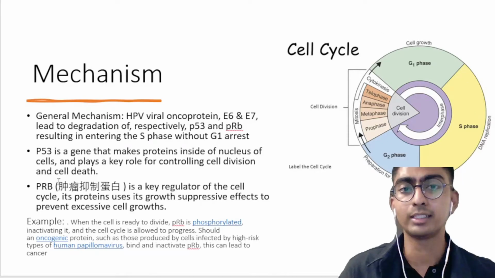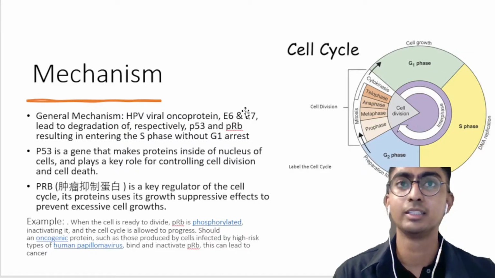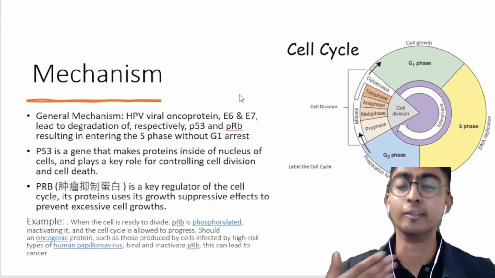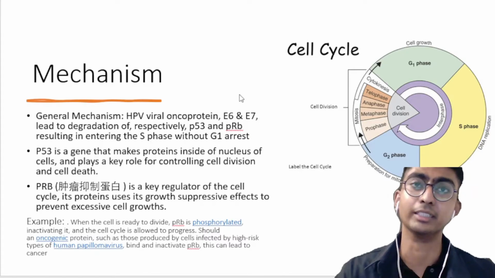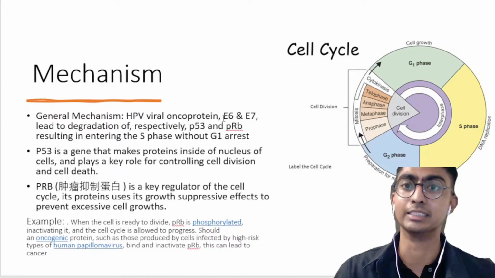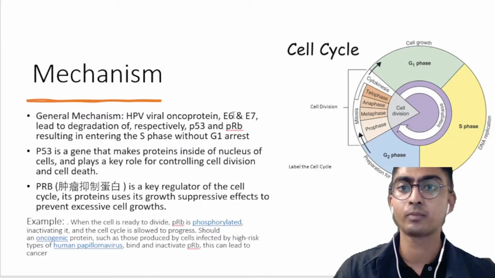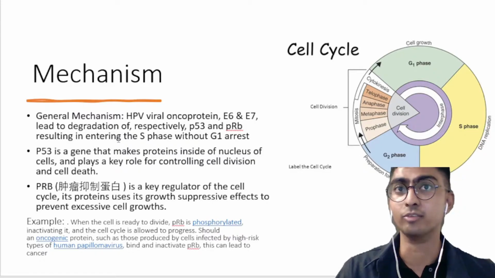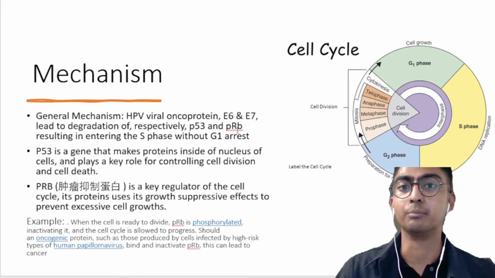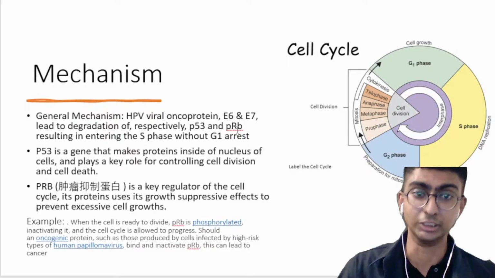So according to this article, we know that high-risk HPV strains infect human cells by generating specific oncoproteins. In this article, it says E6 and E7. These 2 are the viral oncoproteins in question, and they lead to the degradation of, respectively, P53 and pRB. P53 and pRB are simply tumor suppressors, tumor regulator genes.